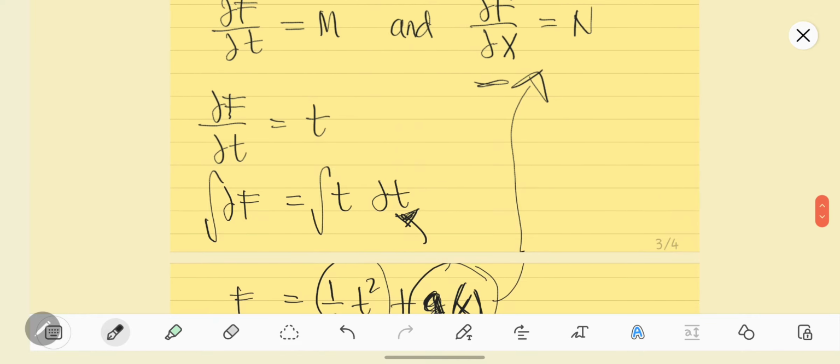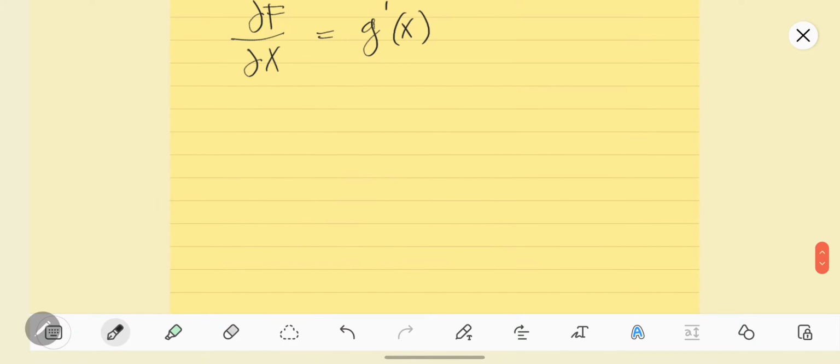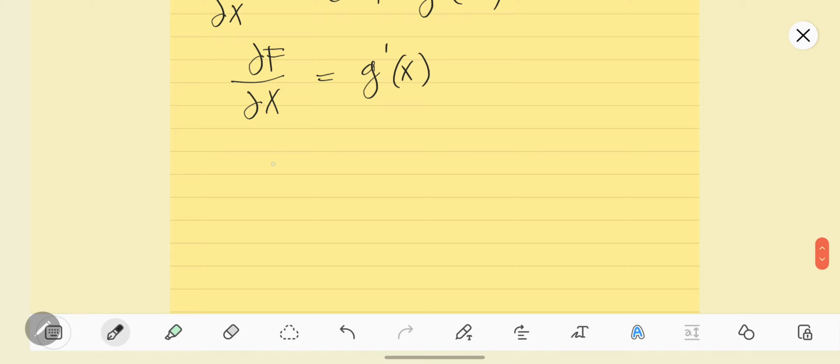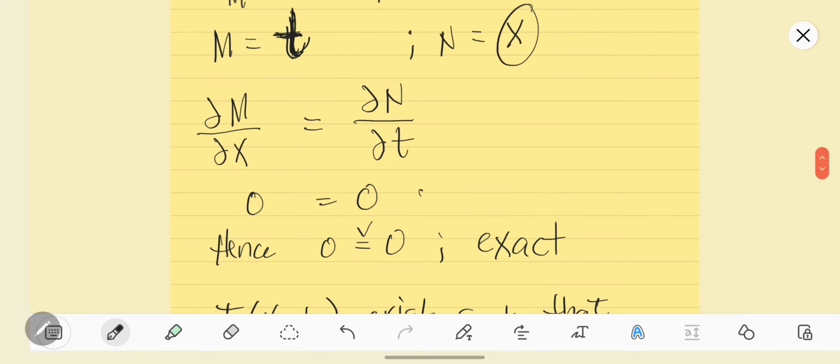Now we can plug this into n. So g prime of x is equal to n, and as you know, our n is equal to x.